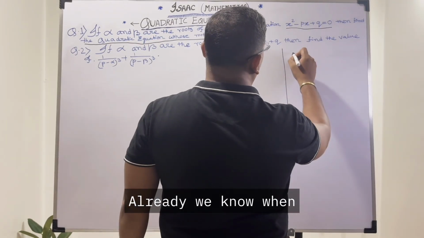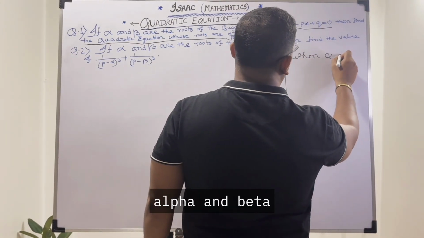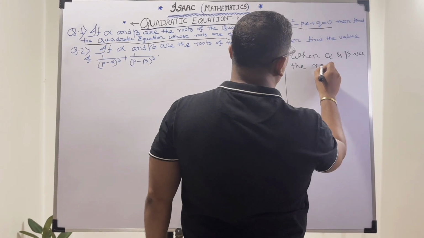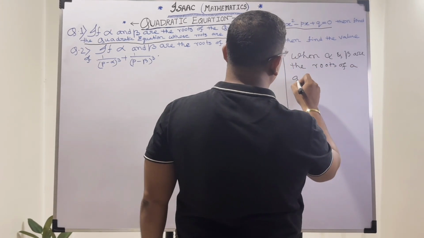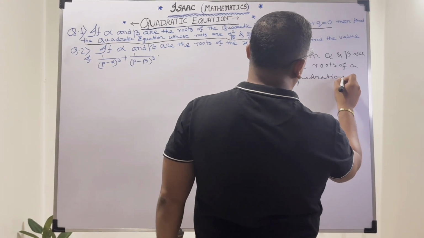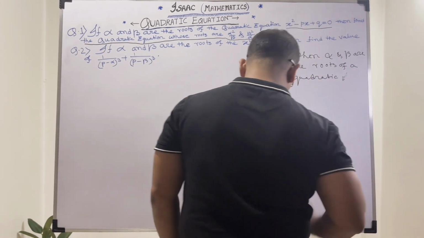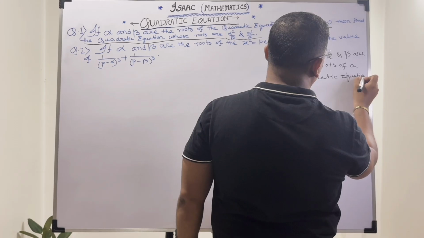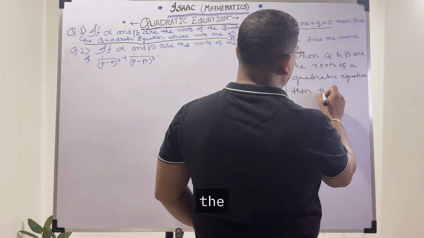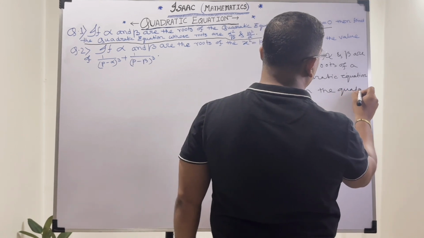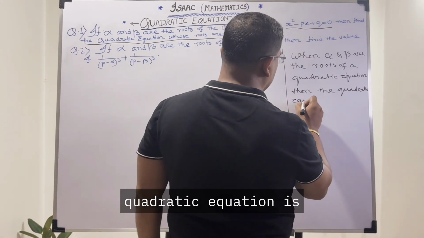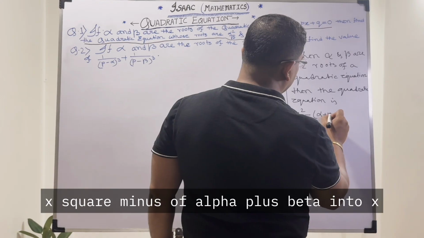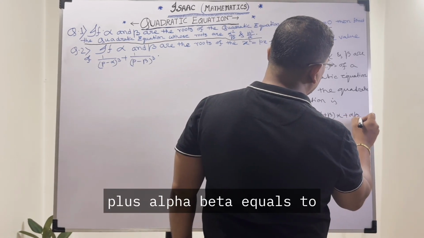Already we know when alpha and beta are the roots of a quadratic equation, then the quadratic equation is x square minus of alpha plus beta into x plus alpha beta equals to 0.